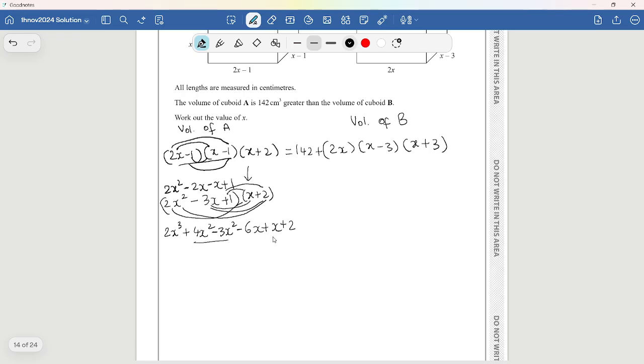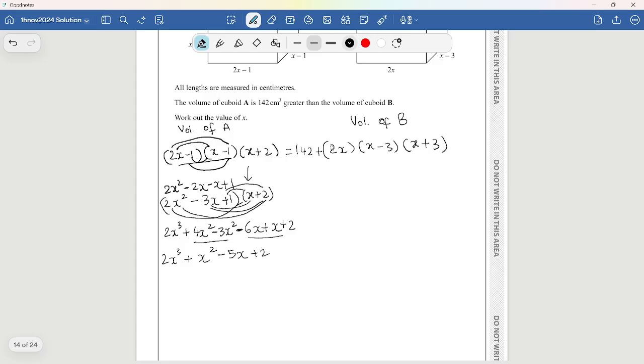I can see these two are like terms and these two are like terms. So 2x cubed, 4x squared minus 3x squared is just 1x squared, minus 6x plus x, that is, taking 1 from 6, you have minus 5x plus 2.